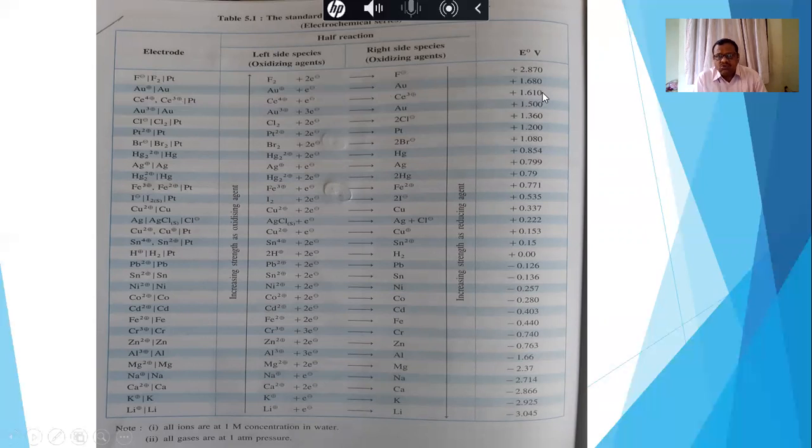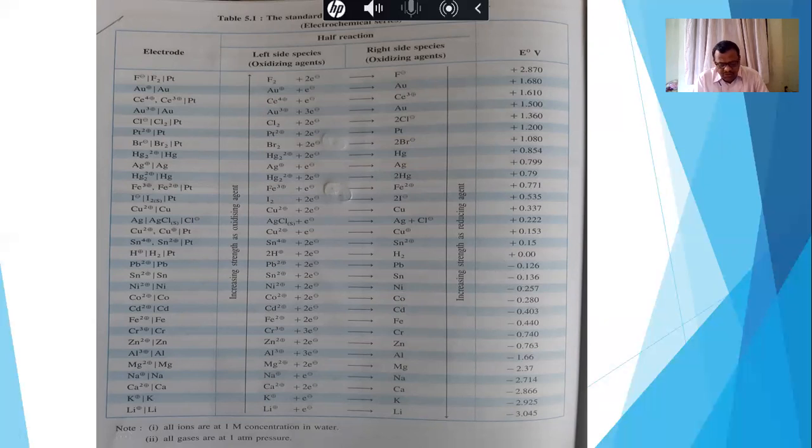The potentials have been written at the end. As we all know, hydrogen is taken as the standard, and here its value is taken as 0. The negative values go on increasing as we move down from hydrogen. The positive values go on increasing as we move up in this EMF series.